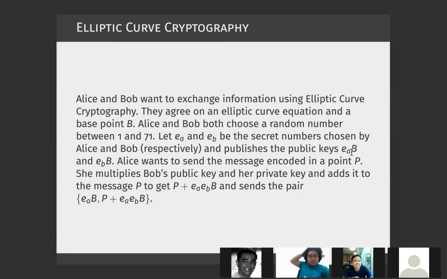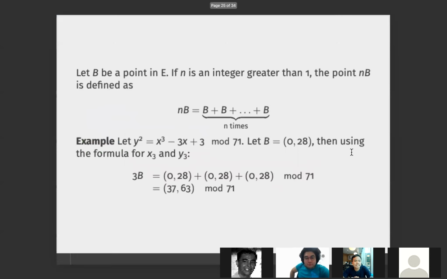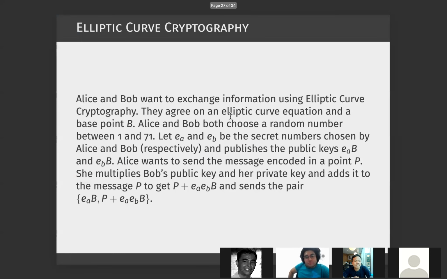Remember, we already know how to multiply points. I just want to refresh your memories. This is how we do it. And for Bob, this is the public key.